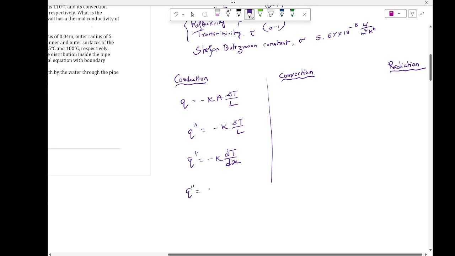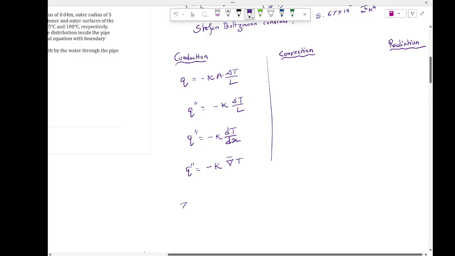If I write the heat flux equation as minus K del T, what does it really mean? Did I use this symbol before? Probably not, but I did use this one for sure: del over del X i, del over del Y j, del over del Z k. Did I use that? So you understand that symbol, they call it del, and it refers to when we have more than one axis, right?